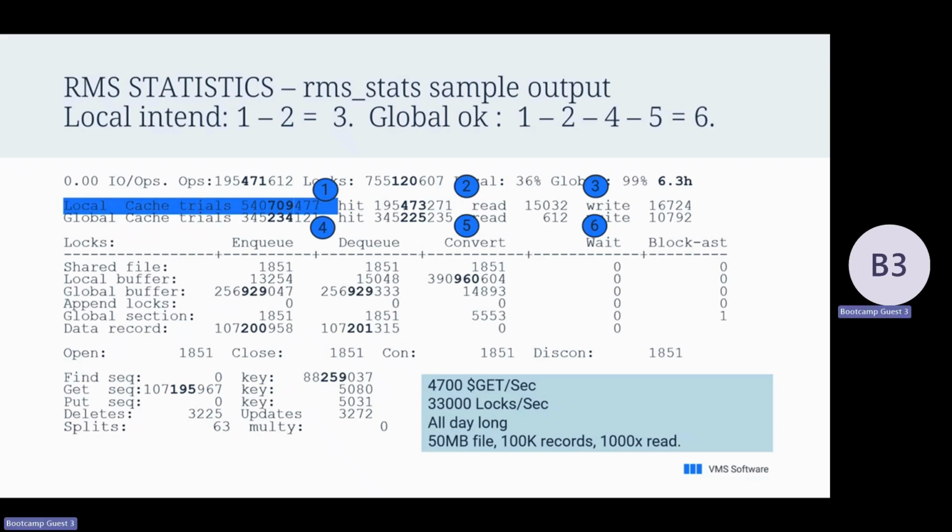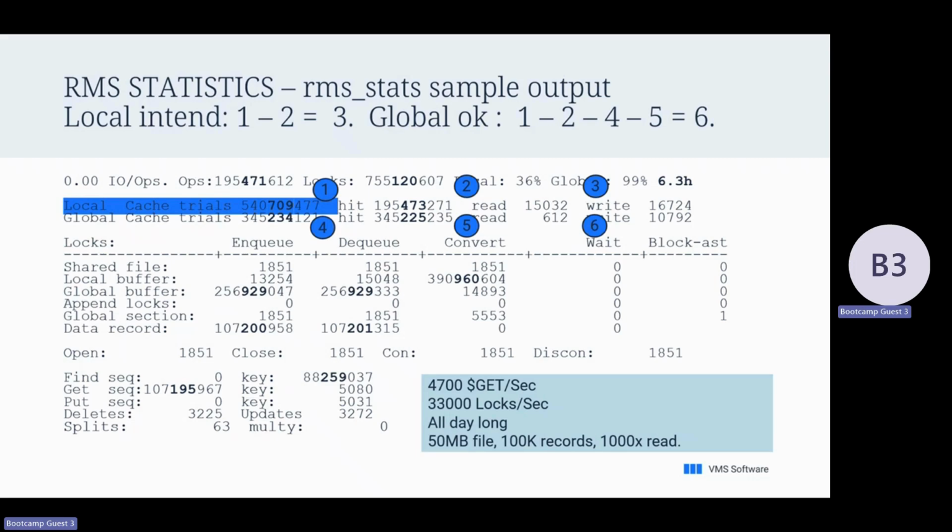Here you see how RMS buffering works. You see how we first go in the local cache files, and we see if it's there, that's number 1. If we find it in there and we have no global buffers, then we end up with the number of reads being the number of accesses minus the number of hits.